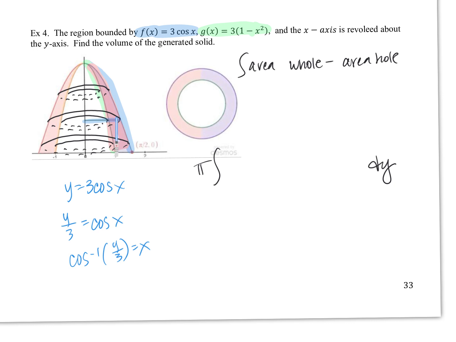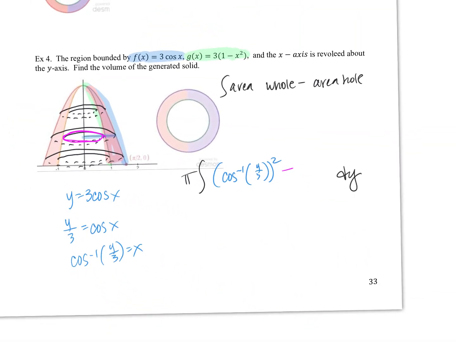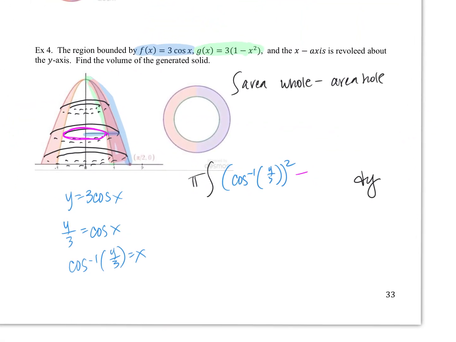So how would I find the area of my whole circle? Pi r squared. That's the area of the whole. Minus the area of the hole. What's its radius going to be? It's the inner. That inner we knew was y equals 3 times (1 minus x squared). How am I going to get that x by itself? Divide by 3 first.